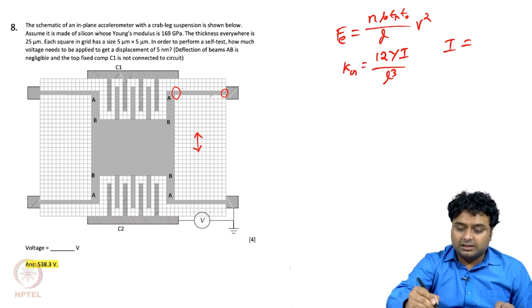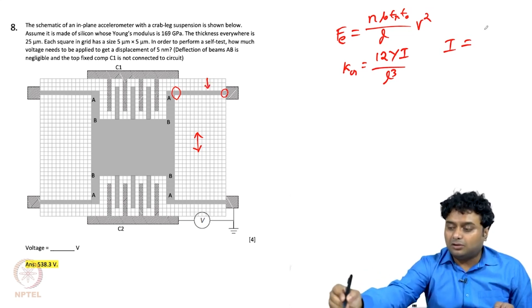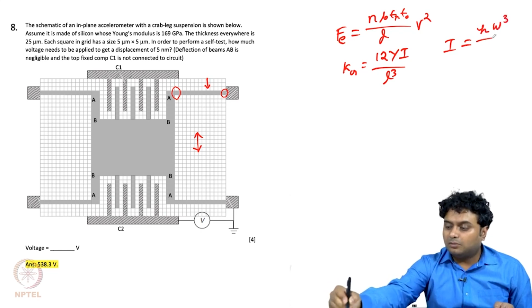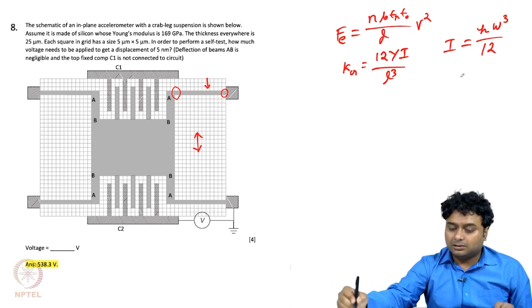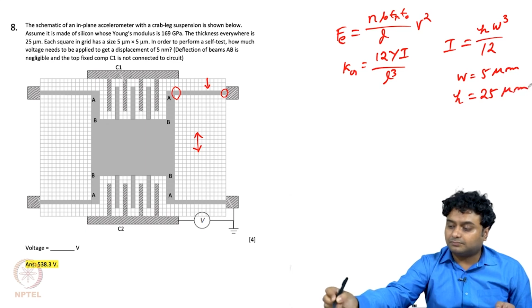Each of the grid squares, as I have mentioned, is 5 micron. So the in-plane width is what matters for this kind of force. So I equals H W cube by 12, where W equals 5 micron and H equals 25 micron, which is the actual out-of-plane thickness.